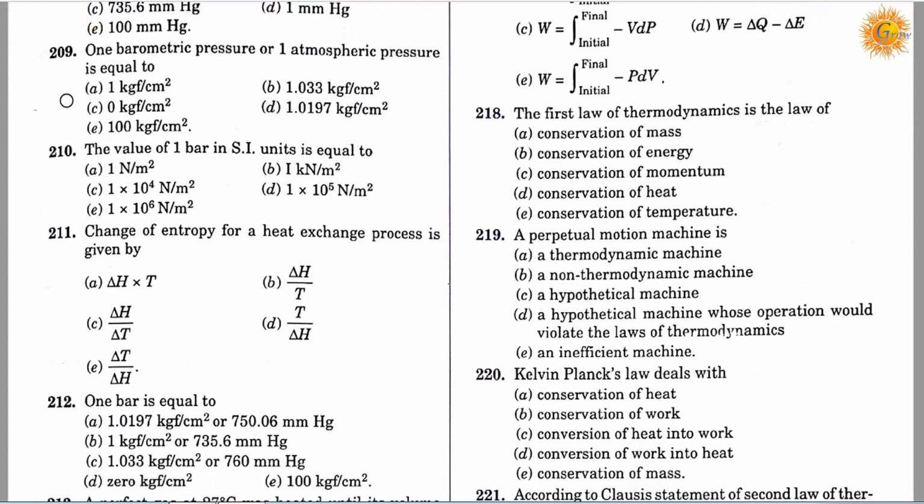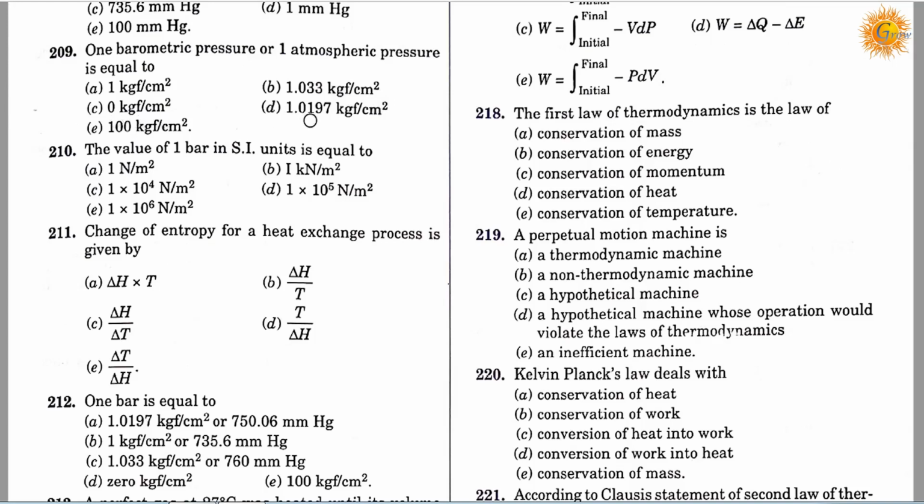Question number 209. 1 barometric pressure or 1 atmospheric pressure is equal to option A, 1 kgf per centimeter square. Option B, 1.033 kgf per centimeter square. Option C, 0 kgf per centimeter square.